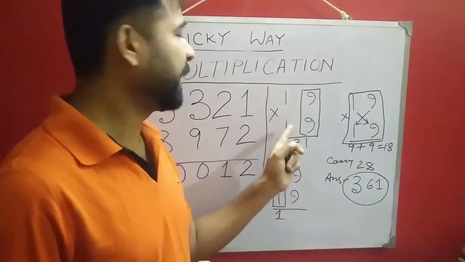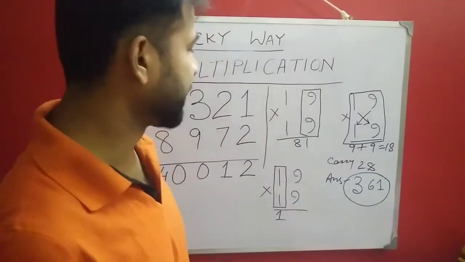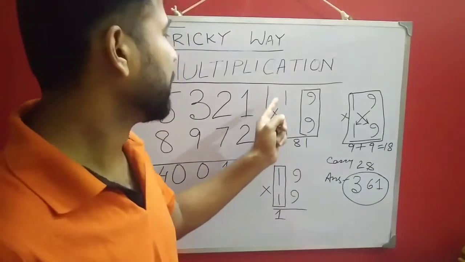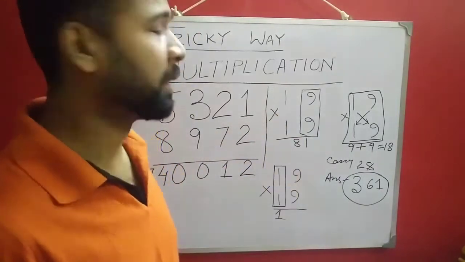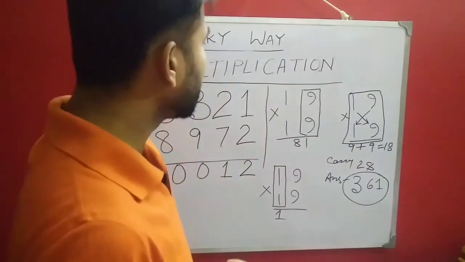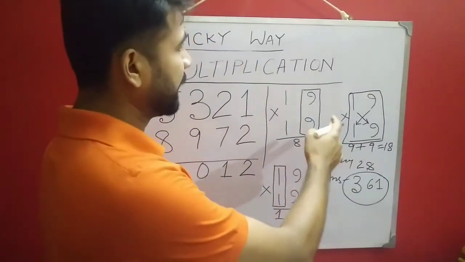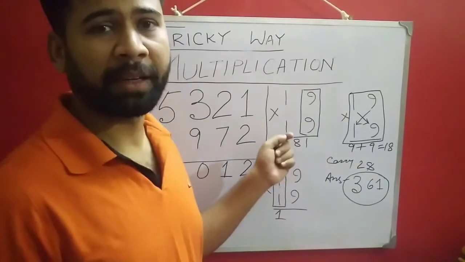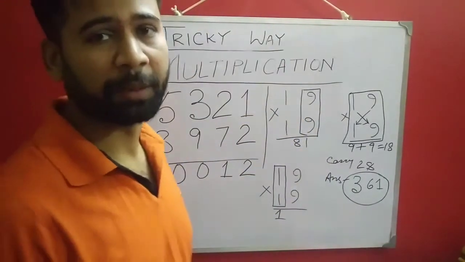So 19 into 19 equal to 361. It means you can easily multiply any number by this process. Here you can easily understand that squares can be performed by this process.